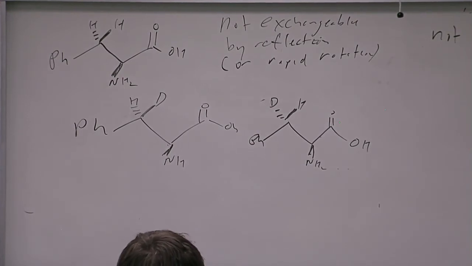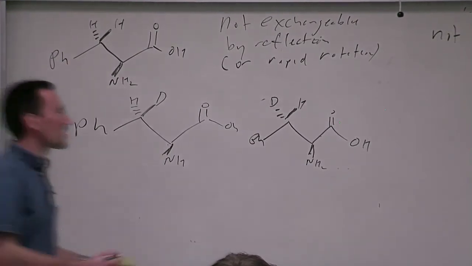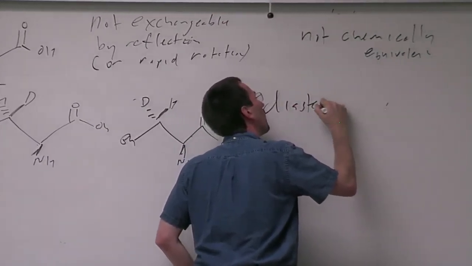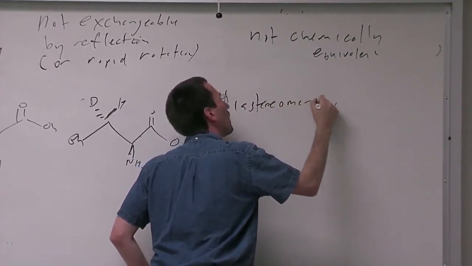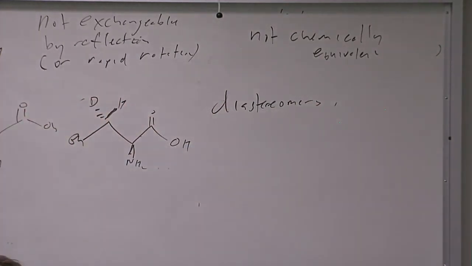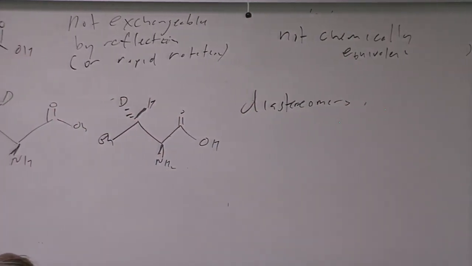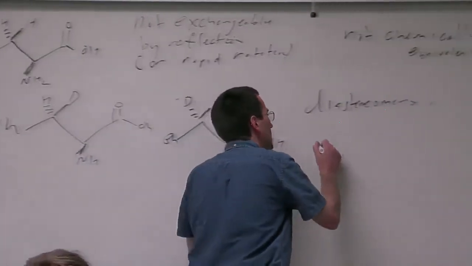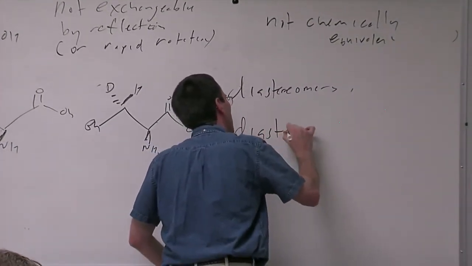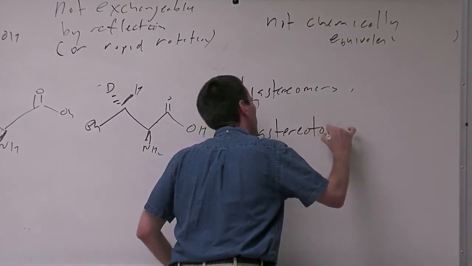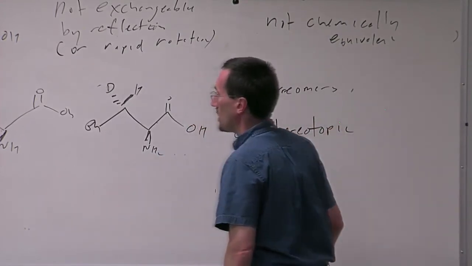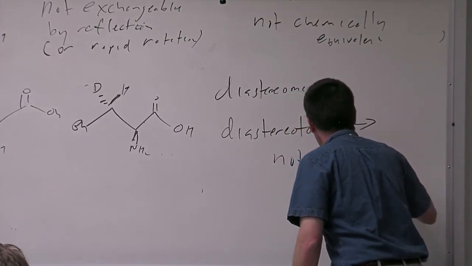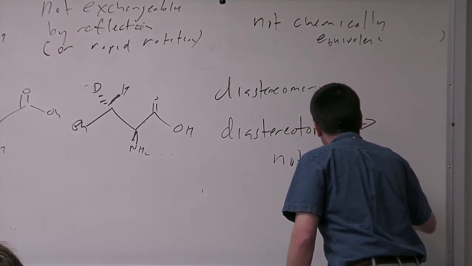What are they? They're diastereomers. So we say that the two hydrogens of the methylene group are diastereotopic. And therefore, they are not chemically equivalent.